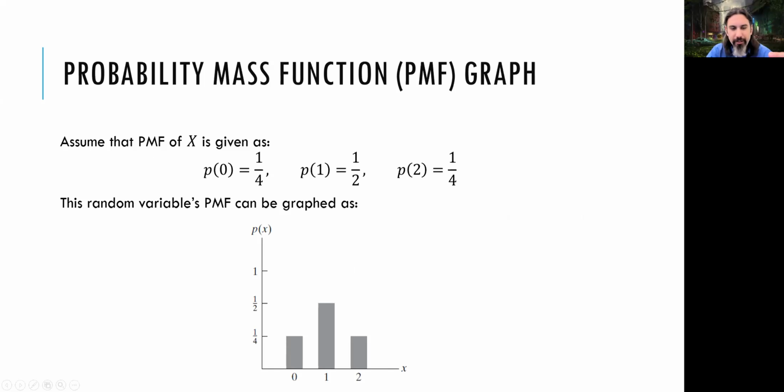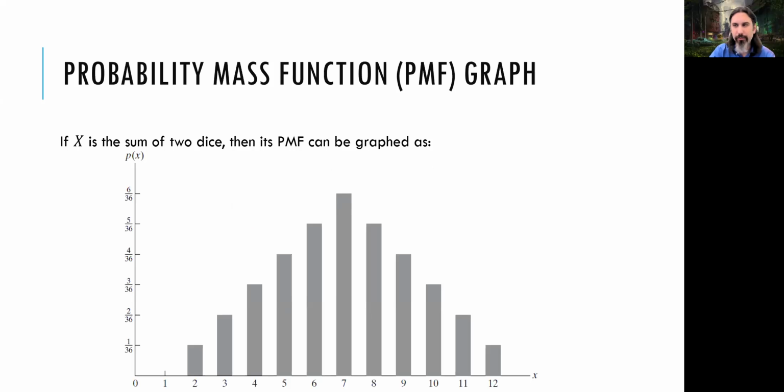Now, this can also be a bit more complicated. Think of a more complicated random variable. For example, let's say that we roll 2 dice and the sum of those 2 dice is the random variable X. Now, we get this graph. As you can see here, the total of the 2 dice is shown at the bottom from 2 to 12.